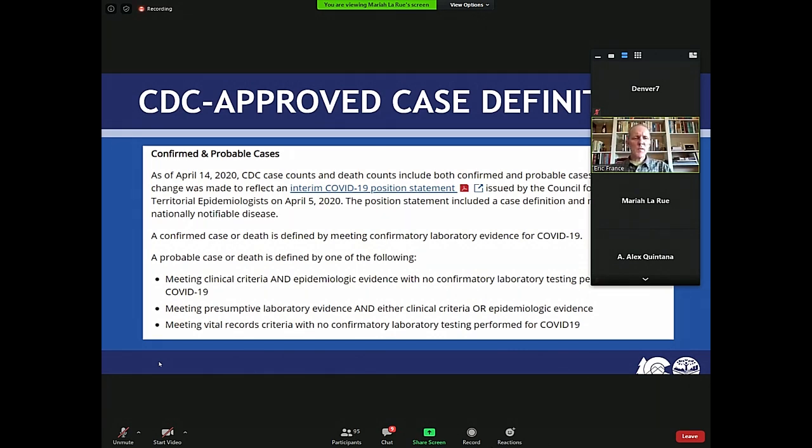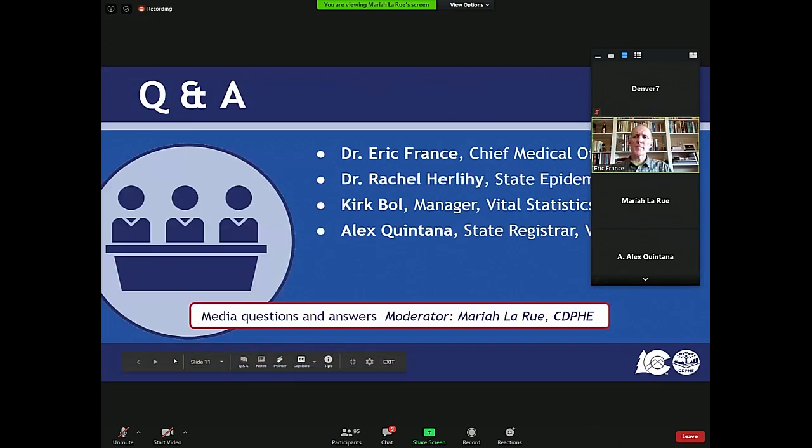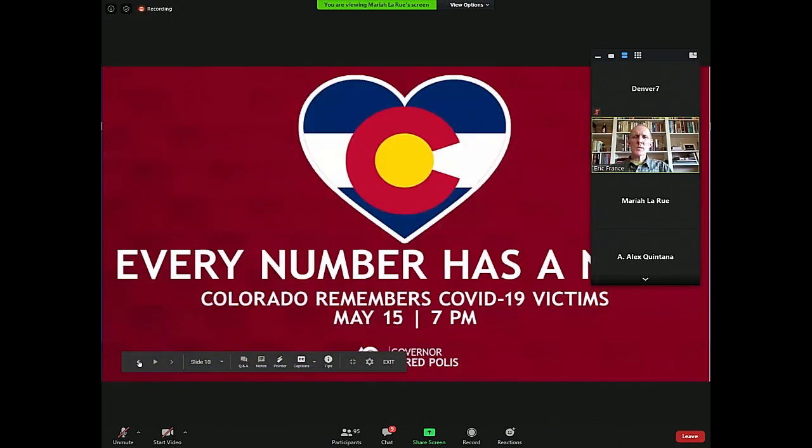If we could go to the very end, I'd just like to remind everybody that these are all about numbers, and yet these are real people, real individuals who have lost their lives to this virus. And so I want to remind you that tonight at 7, there'll be a minute of silence, and we're asking all citizens of Colorado to wear a mask.